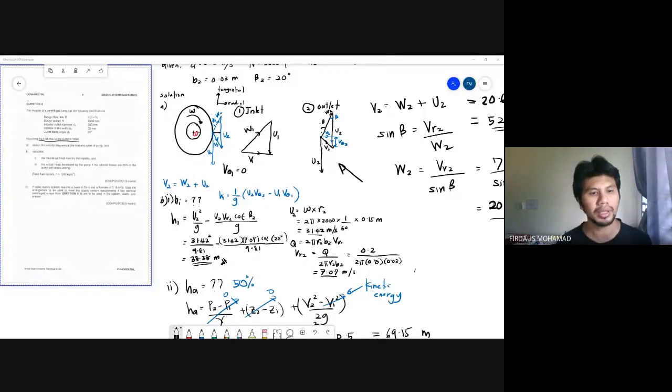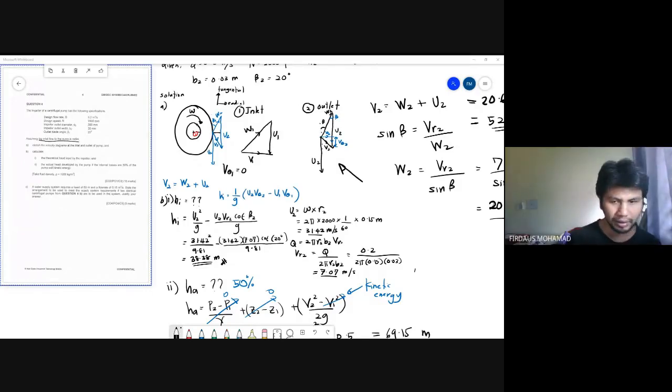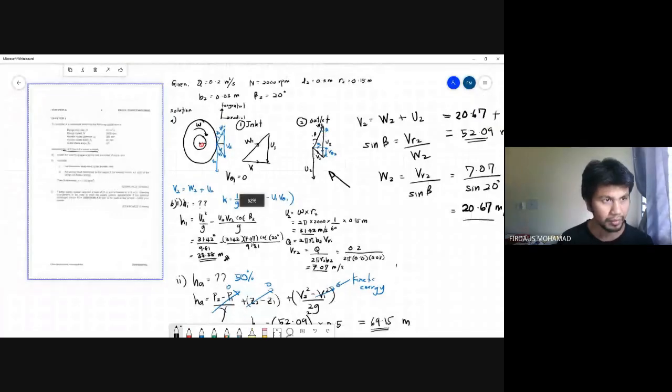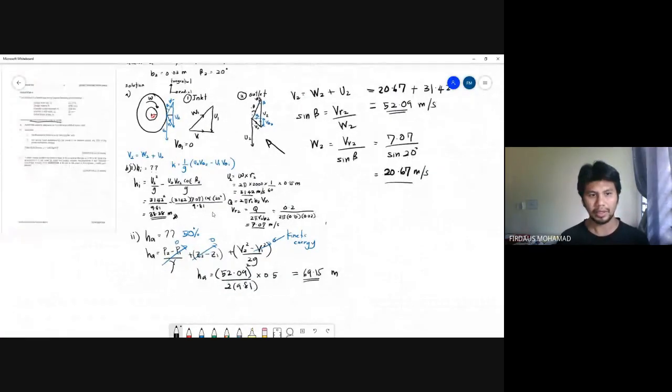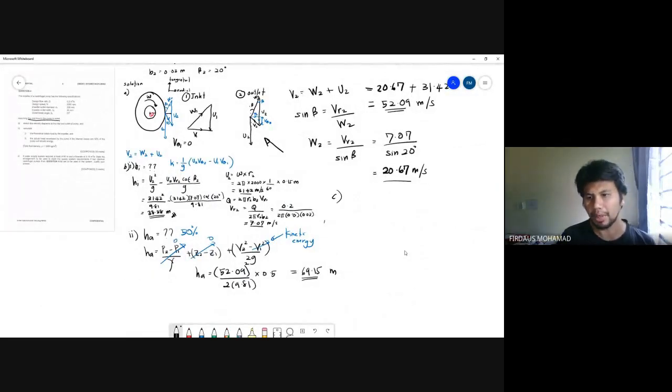Kalau series apa yang berubah? H. Okay, so C. Pump arrangement ada dua, series, parallel.